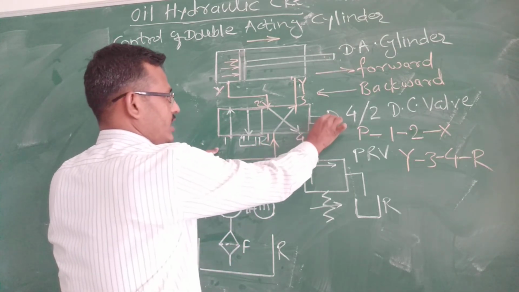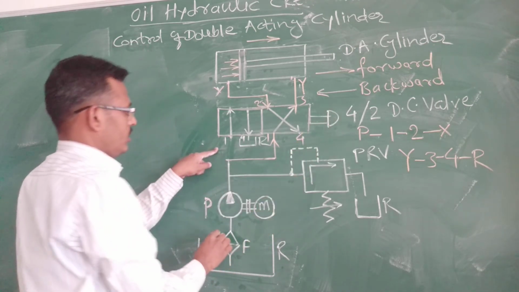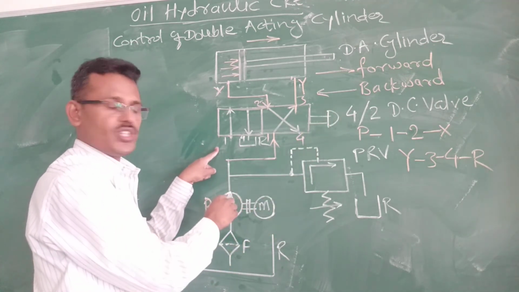In the second position, by operating this 4x2 DC valve, the direction of the flowing fluid is changed in the circuit.